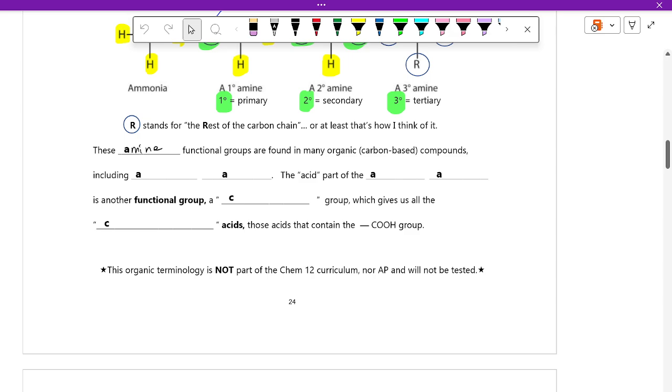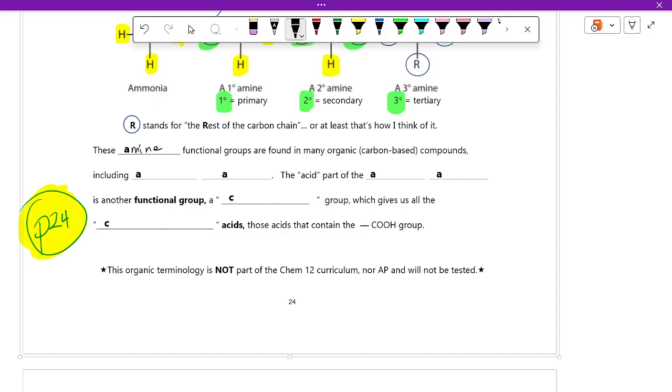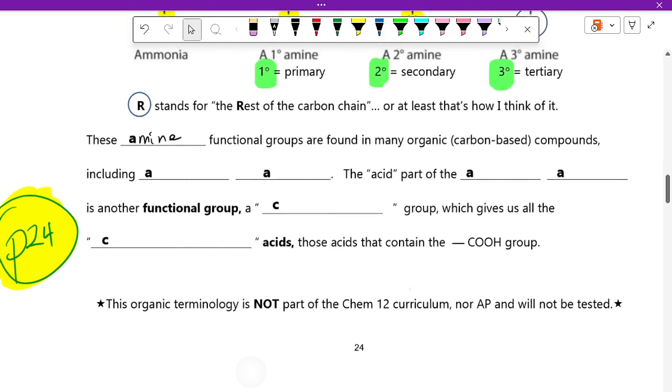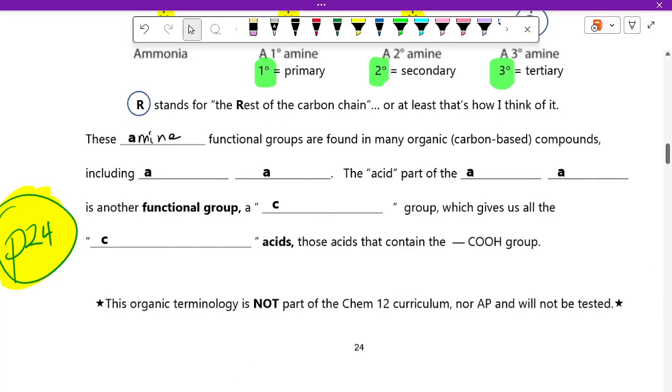So we got to page 24. So we were looking at amine functional groups. Do you guys remember what an amine is?